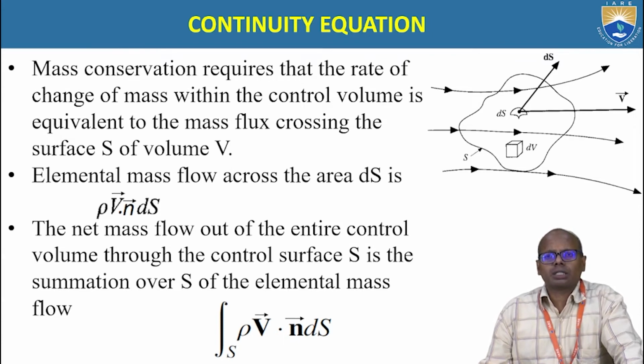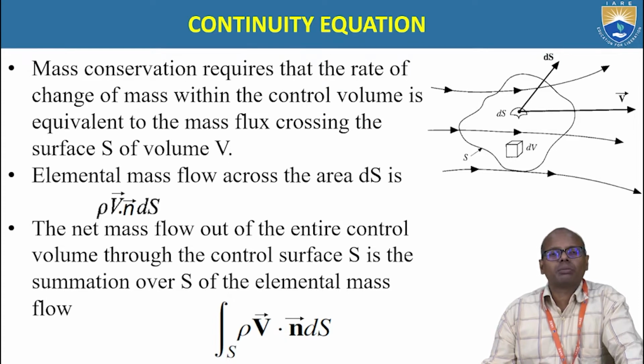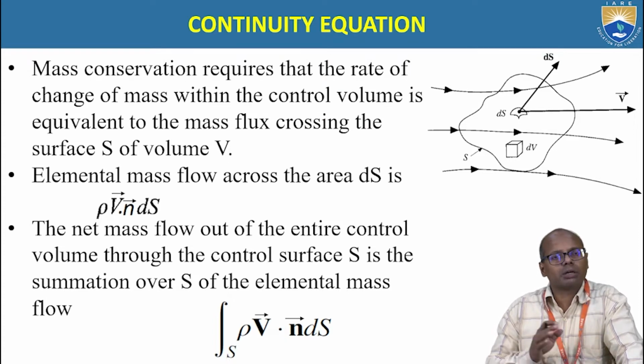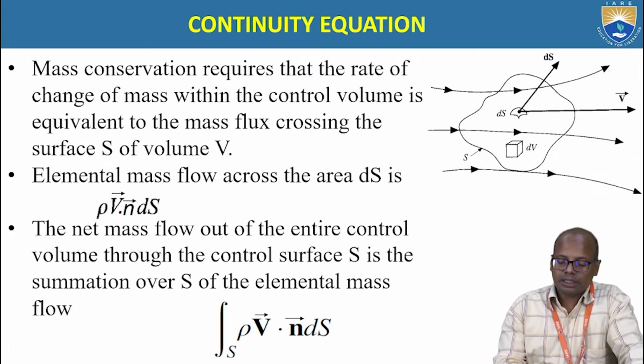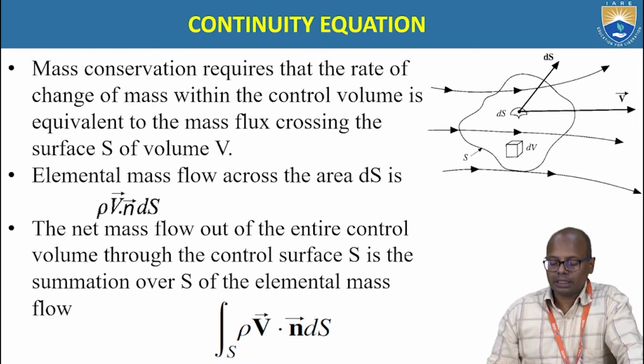Mass conservation. What is the meaning of mass conservation? Mass can be neither created nor destroyed. It can be taken from one part to another part. What we are applying here is, if there is a change in the mass of the control volume, how does that happen?